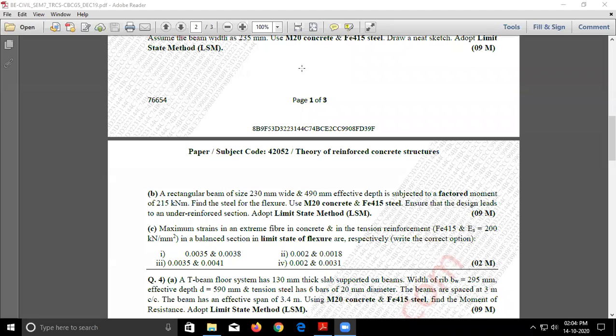Directly write the data, 350 by 700, and superimposed bending moment is 400 kilonewton meter. Use M20 and Fe415, and take d dash equal to 50.